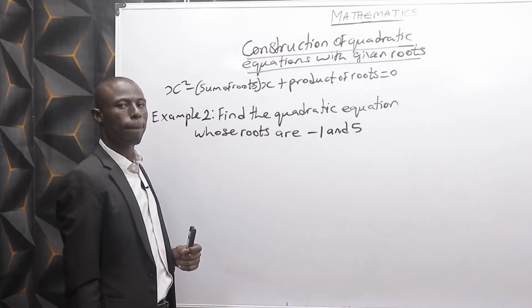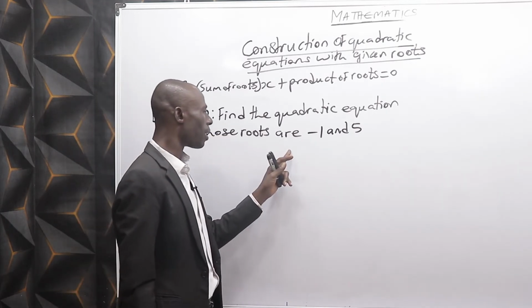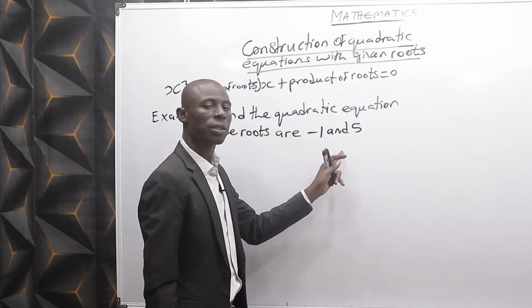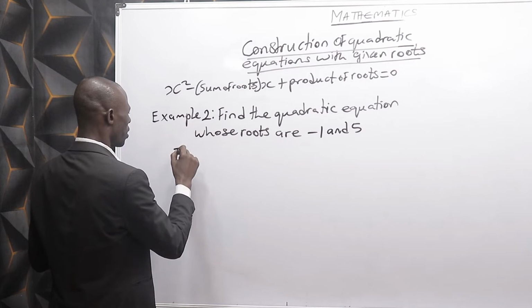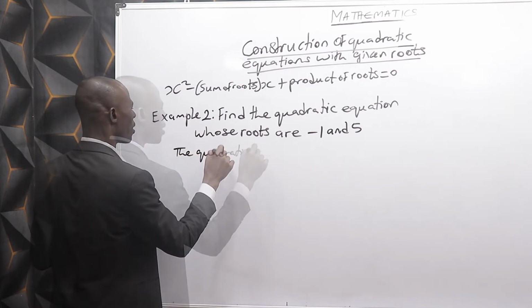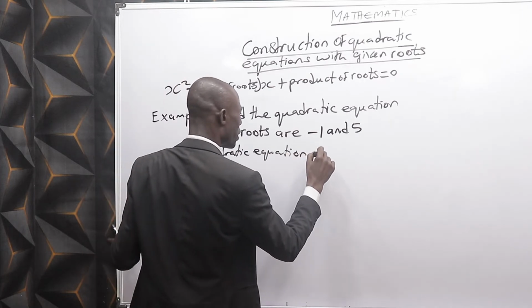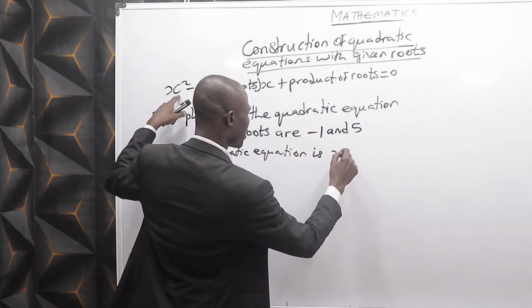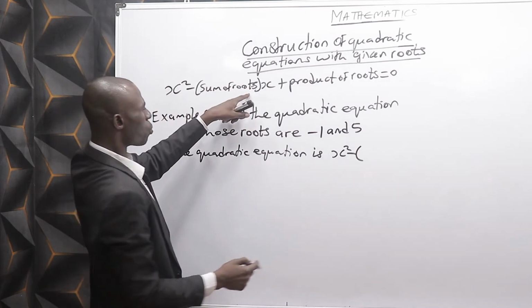Example 2. Find the quadratic equation whose roots are minus 1 and 5. Follow the same process. The quadratic equation is, you write the format, x squared minus, open the bracket, sum of the roots.